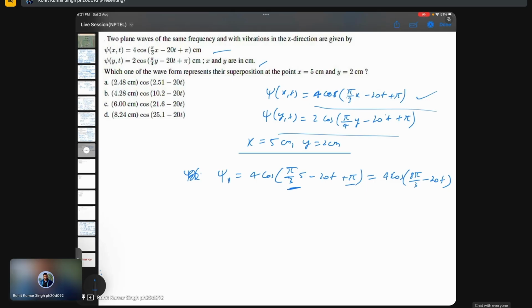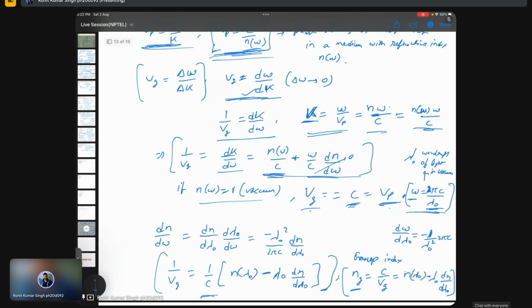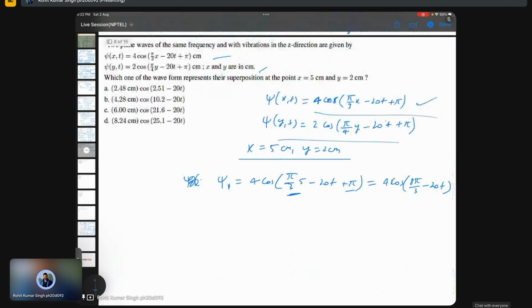But what I wanted to say is, when we derived this formula of superposition, we did not use the space dependence inside the wave, because this space dependence is accommodated inside the phase angle.